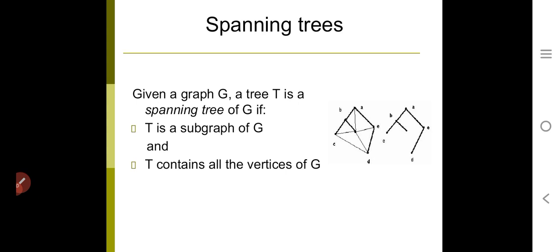So we make another graph and name it capital T. Then we analyze both graphs. T is a subgraph of G. That is the first point. It is the subgraph of the main graph G, and it also contains all the vertices in G. So this is known as a spanning tree.